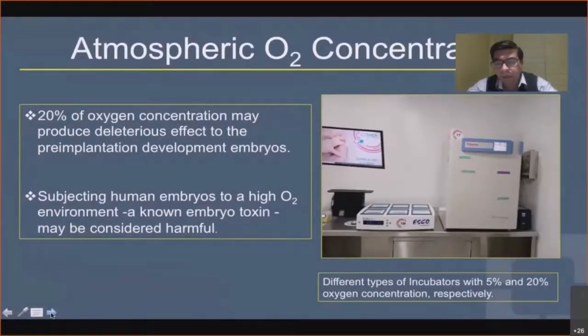So I recommend always culturing the embryos at 5% oxygen instead of 20%. This is because the in vitro culture of human embryos in a high oxygen environment constitutes exposure to a known embryo toxin, which may be considered harmful and inappropriate.